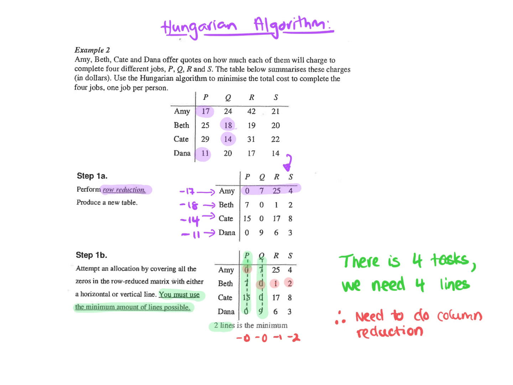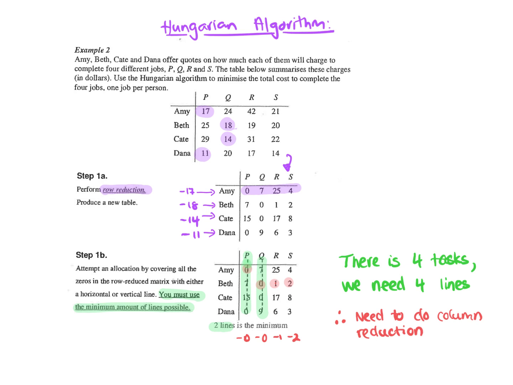Once you do that test, you put the lowest number of lines to cover all the zeros. Your lines need to be the same number as tasks. There are 4 tasks, so we need 4 lines, but at the moment we only have 2. That means we move to the next step of the algorithm, which is to do a column reduction.